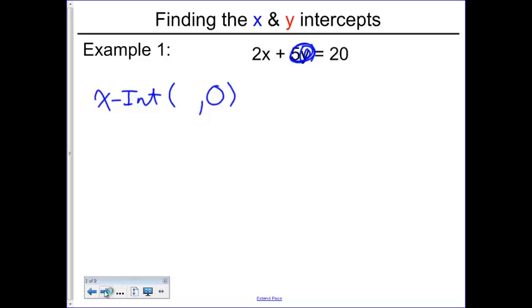So this becomes 0, which basically just drops out of the problem, and all we do now is solve for x. Well, if I have 2x is equal to 20, and I divide by 2, then my x value would equal 10. So my x-intercept is actually just 10, but the location on the graph would be 10, 0.